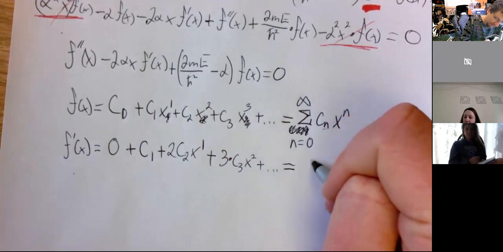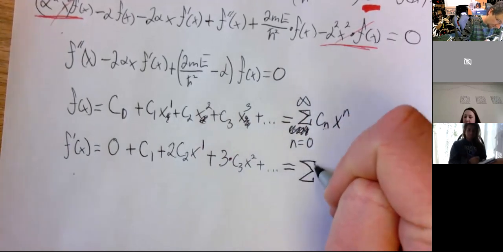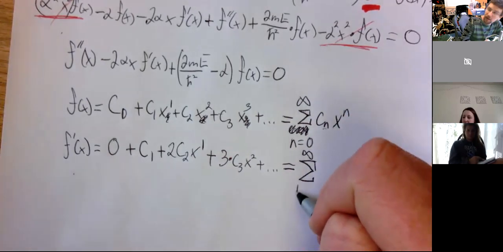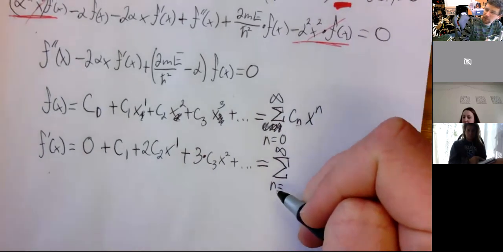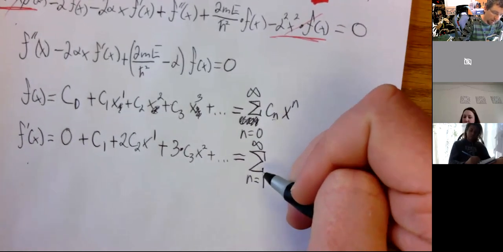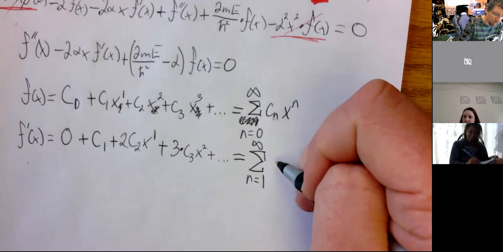So let's try and find a way to express this. We're going to go to infinity, but where's our index going to start? Are we going to start at 0? At 1. Yeah, we'll start at 1 in this case. And then can you think of a function that would work?